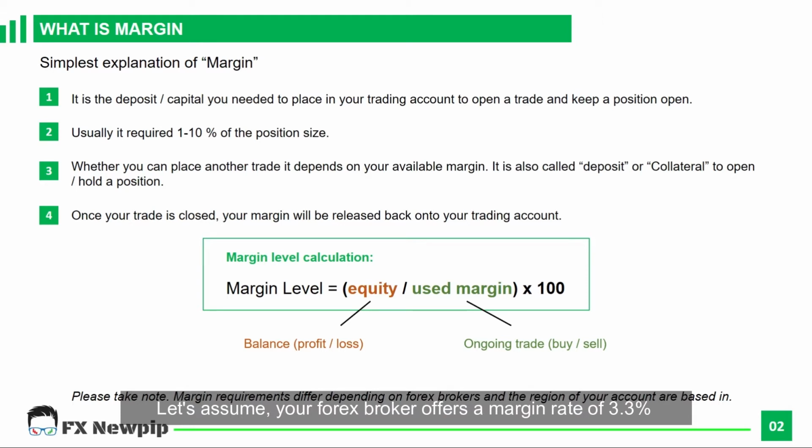Let's assume your Forex broker offers a margin rate of 3.3% and you place a position worth $10,000. Only $330 is required as a deposit to enter the trade. The remaining 96.7% of margin will be provided by your broker. As your trade size increases, the amount of margin required increases. I will cover this more on the next slide.